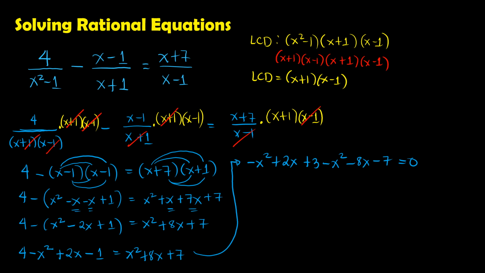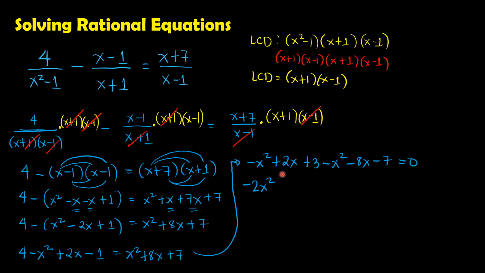Para makita natin muna when we simplify. So, combining similar terms, negative x squared will become negative 2x squared. Recall ha, yung mga basic concepts sa ating math. And then, yung pareho namang variable na x lang.